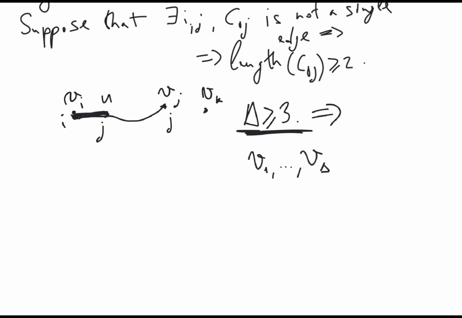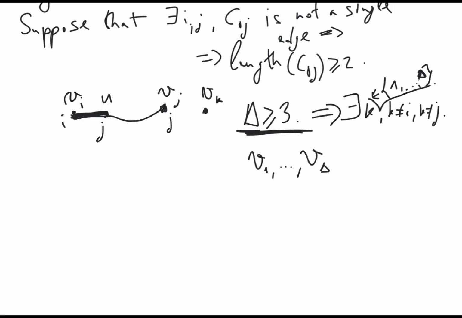Because delta is at least 3, and we already took 2 of them, vi and vj, there exists at least one other: there exists k in the set from 1 to delta, with k not equal to i and k not equal to j, so that there exists this vertex vk.